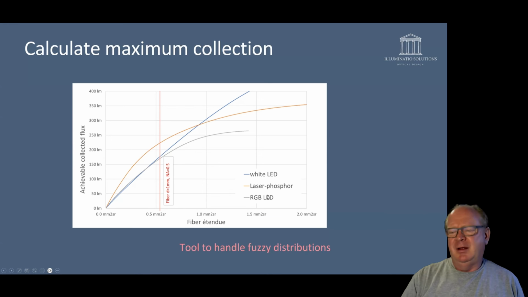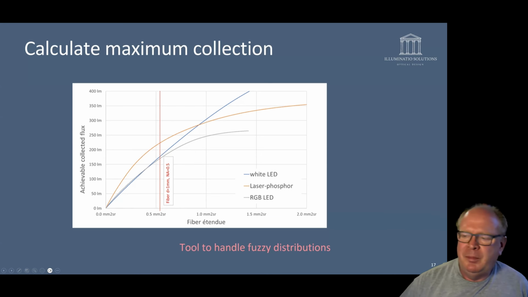And by means of this diagram, you can pretty well compare different kinds of sources. For example, in comparison with the white LED, you can look at a laser phosphor solution, which shows obviously higher flux for smaller étendues.